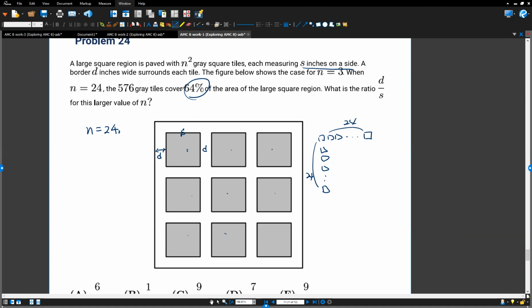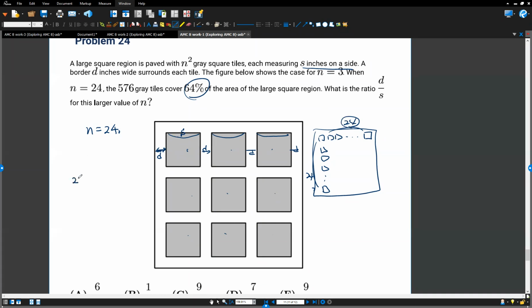What is the entire area? Each one has S. This is S, S, S. But when you have 3S over here along the border, how much is this? 4, one more, right? D, D, D, D. If the number of squares is 3, the number of D is 4, one more. So this side is how many? 24 squares.